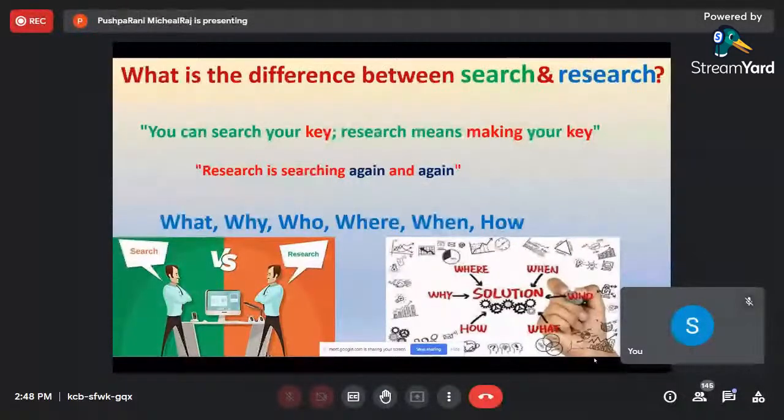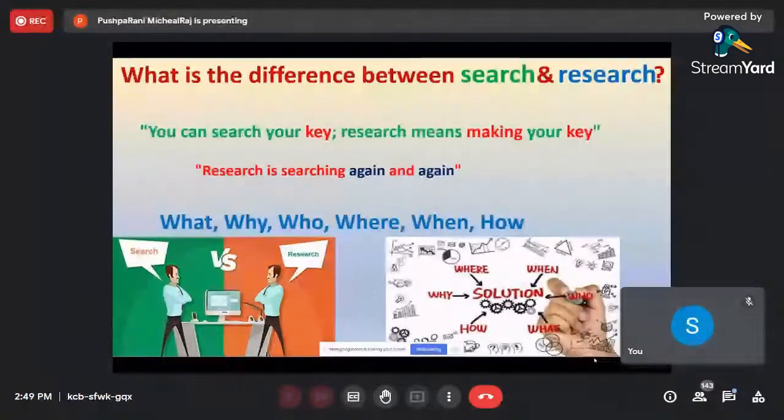So search is the activity you are going to do during your search. Research represents a scientific activity to investigate or discover empirical evidence to the truth. That is the difference between search and research.